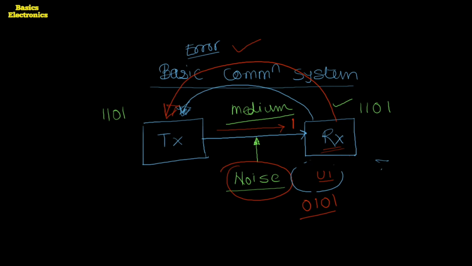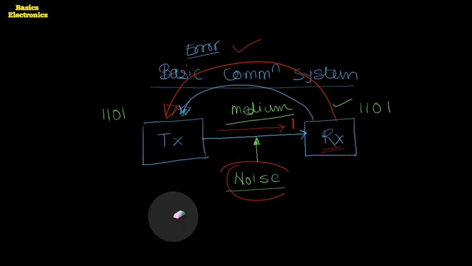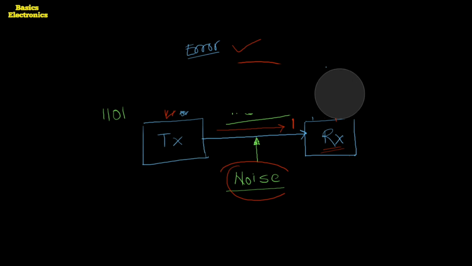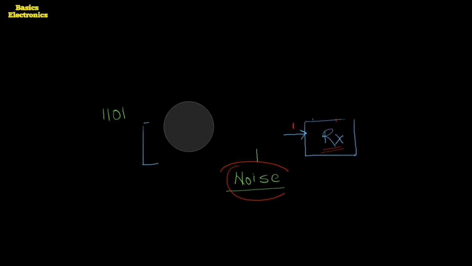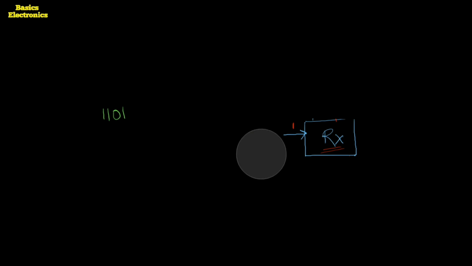In this logical diagram there is a transmitter, there is a receiver, and the extra circuits are the error detector circuits, and the error detector is nothing but the parity tester or the parity generator. To understand the parity generator or the parity tester, you need to know all about the XOR gate.